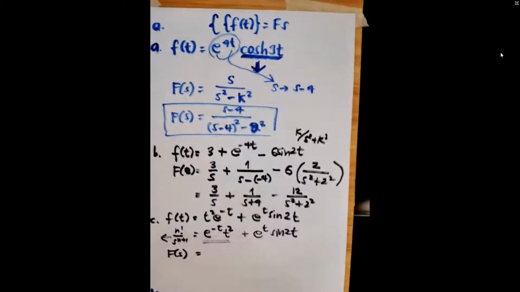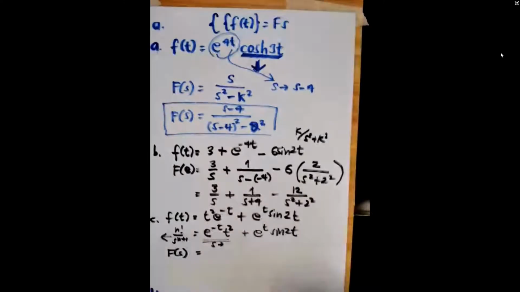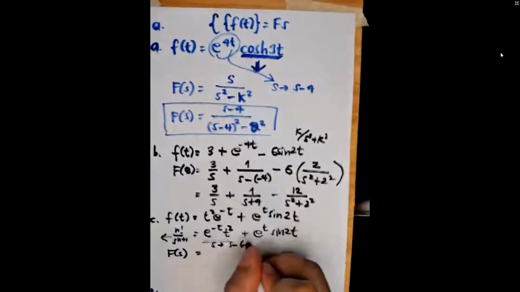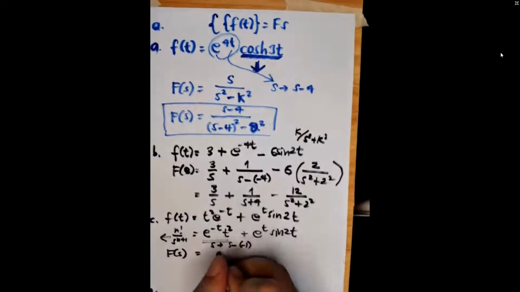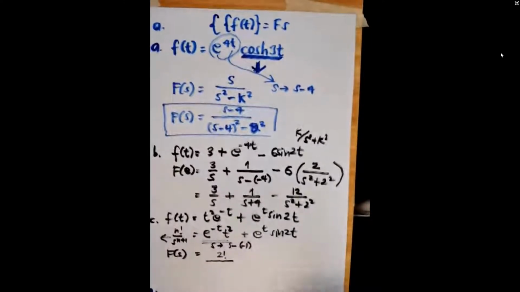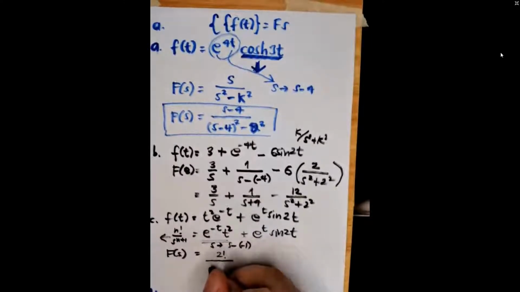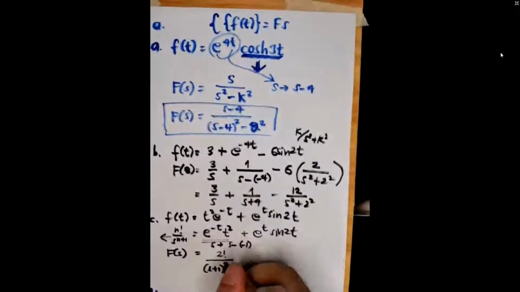Kaya lang, dito sa given natin, yung s natin ay magiging s minus negative 1. Ayan. So therefore, this will be equal to n factorial, so that is 2 factorial over s plus 1 raised to 2 plus 1.